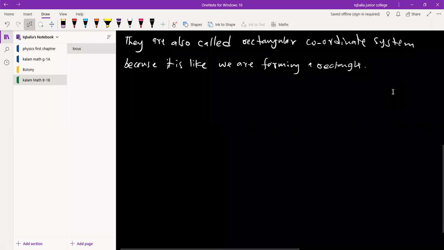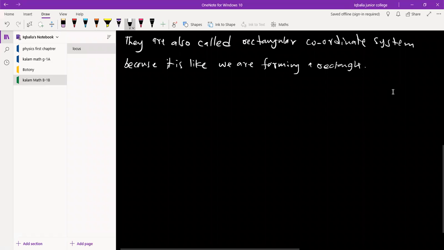Now, can anyone define what the axis is? Define the axis. It's a very easy question. If you don't know, then you can write, sir, I don't know.